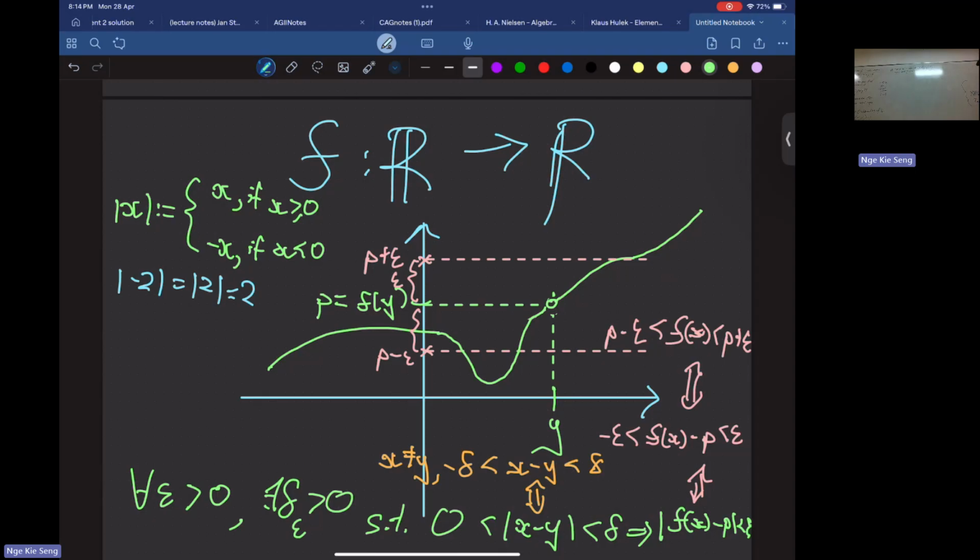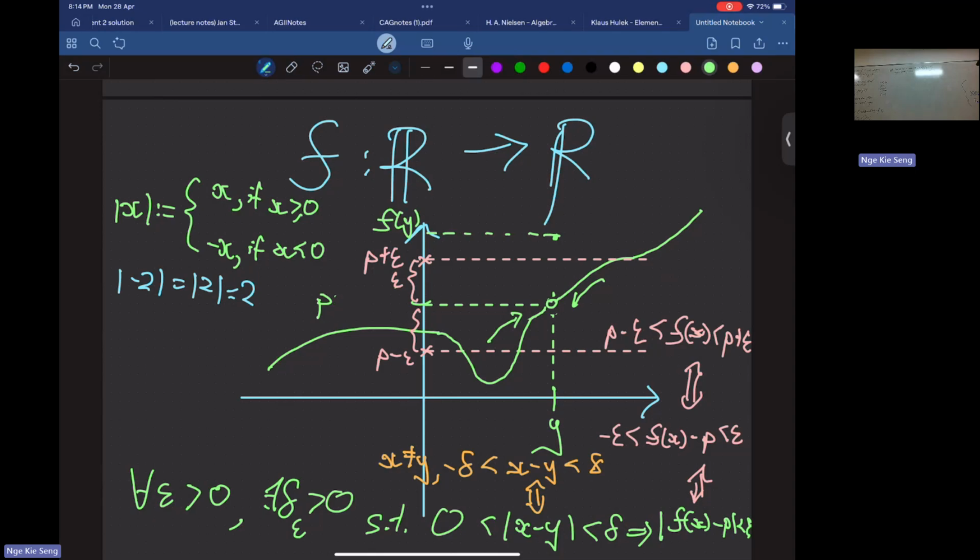So meaning what? Even if I define this point not on p, there will also be a limit here, as long as the nearby points have values closer to p. It doesn't matter what this f(y) takes. We could make this f(y) far, far away also.